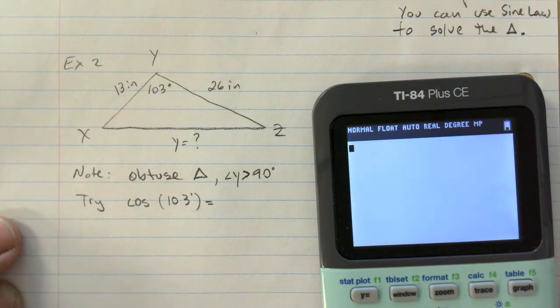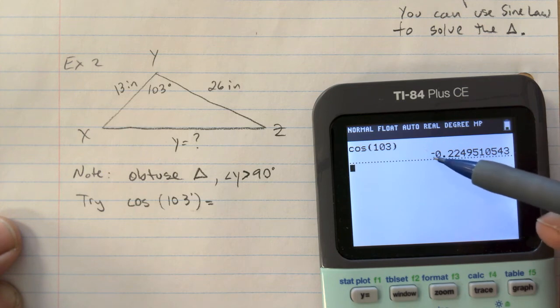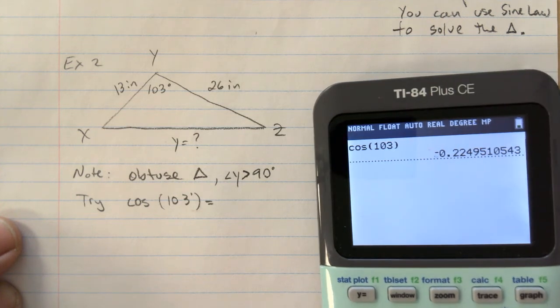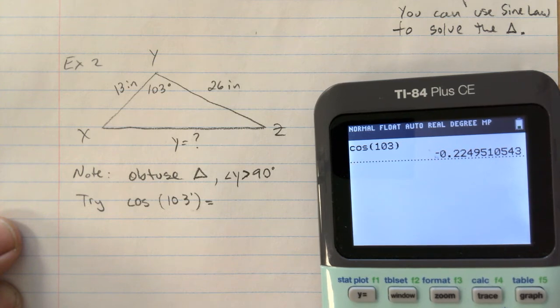Use your calculator. Cosine of 103 is negative, right? Keep that in mind. I will explain that a little later. But it's a negative. So it's negative 0.224 and it keeps going.